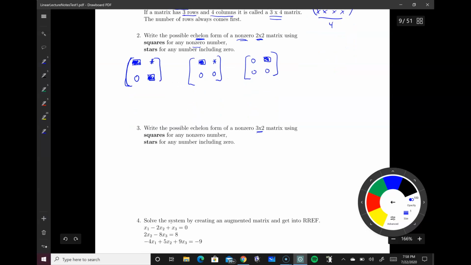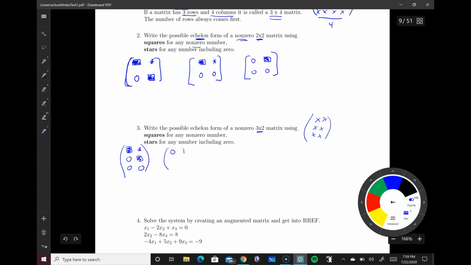All right, so let's try it for 3 by 2. The size of those will look like this, right? So the different ways of getting pivots. I could have a pivot here, a non-zero. I have to have a 0 below the pivot, right? And then here, and then 0, 0. So that's one way.